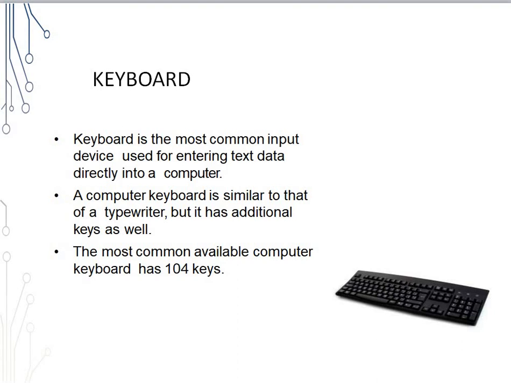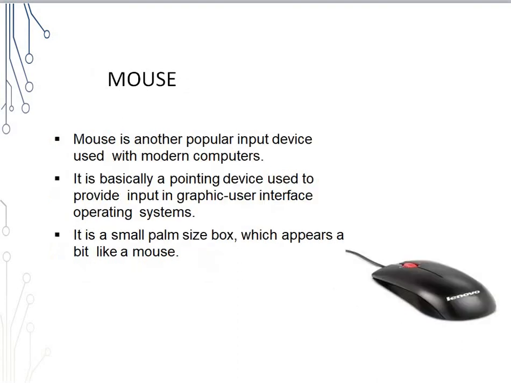If you learned typewriter, you can understand the differences between the two. The most commonly available computer keyboard has 104 keys. That's a small tip: we all use it, but we don't know how many keys are there in a keyboard. So that is about the keyboard, one of the most commonly used input devices.